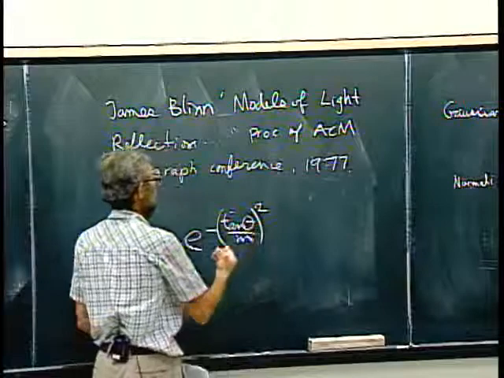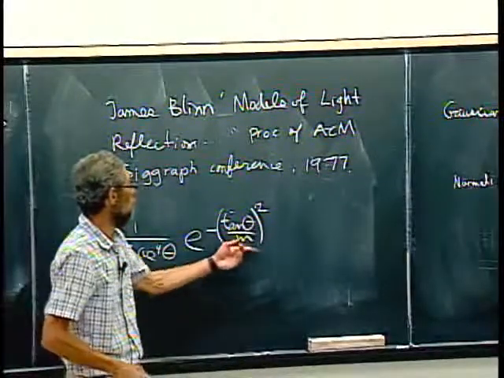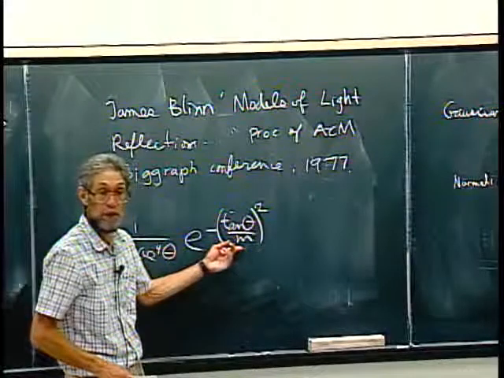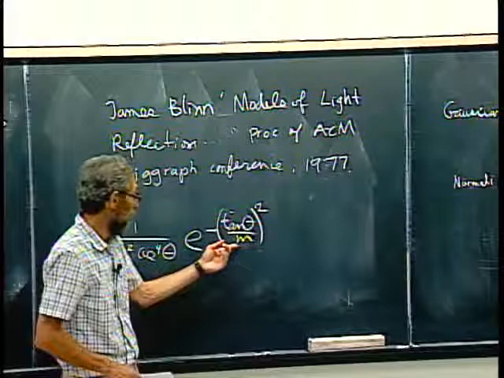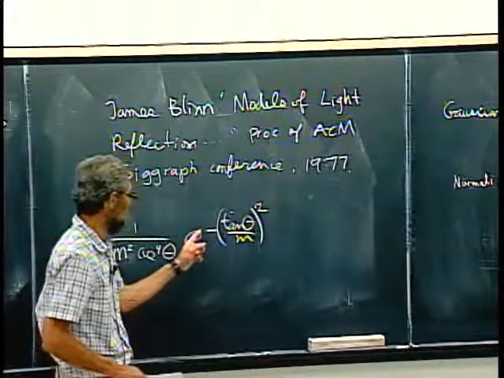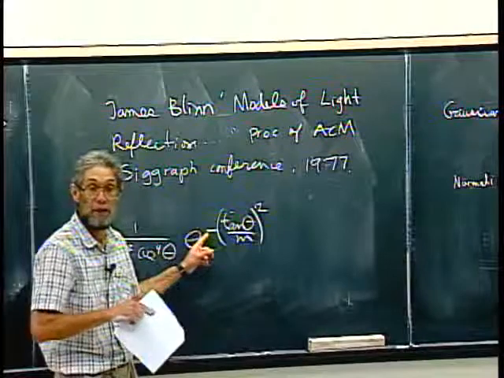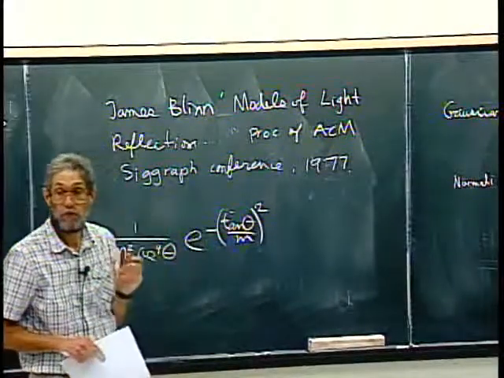So theta and tangent theta are really close for small theta. And m is sort of the root mean square facet slope. Right? If m is small, then this is going to get big rapidly, and e to the minus that is going to decrease rapidly, and that's going to give you a very shiny, glossy reflection.